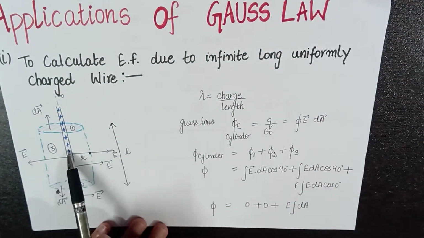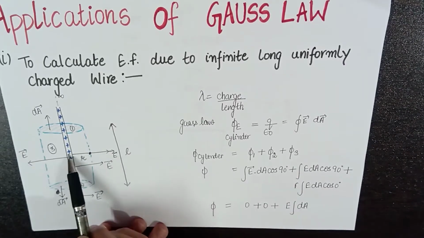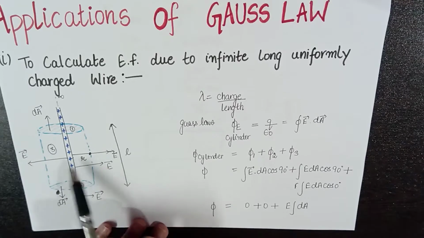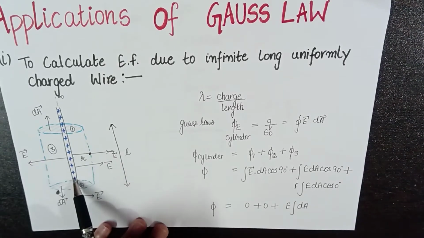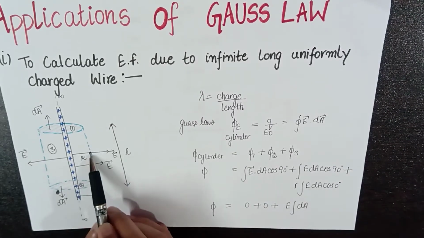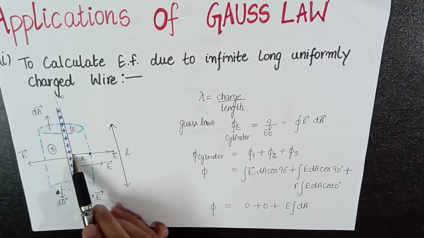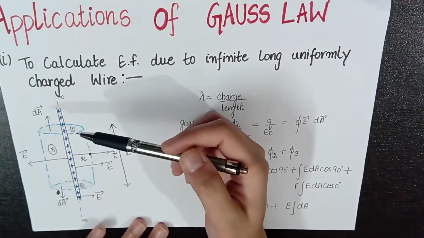Due to this positive charge, you all know that the electric field is always directed away from it, outward. Similarly, we have shown the electric field outward or away from this charged wire. So let us take a Gaussian surface at a distance r from this wire, which is a cylinder comprising mainly three surfaces.